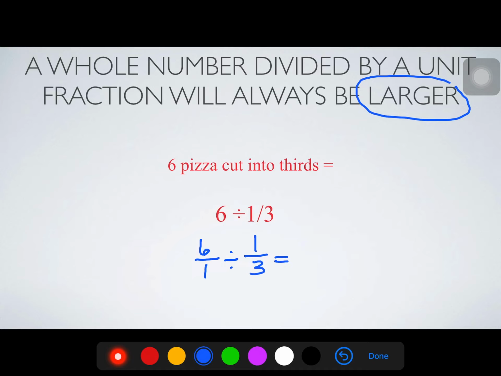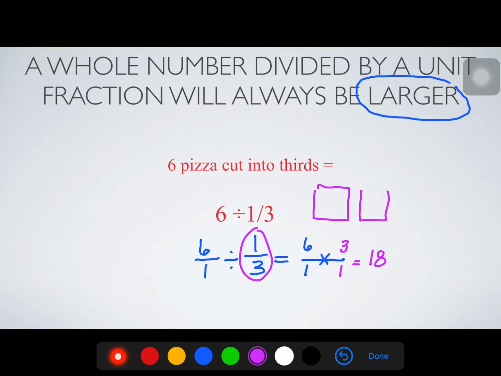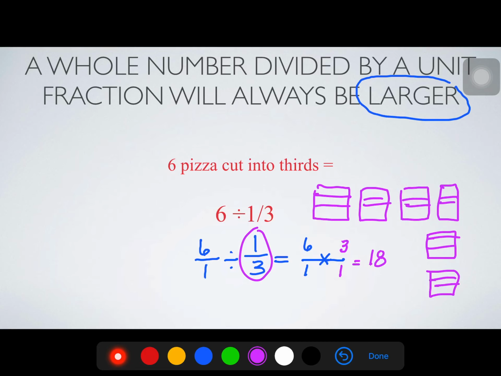The problem is in my denominators, 1 divided by 3, I don't want a fraction or a decimal in a fraction answer. So that's why we're going to take 6 over 1 and multiply it by the reciprocal of 1/3, which is 3 over 1. And I'm going to tell you there are 18 pieces. And that is true. If I took 6 whole ones, 6 blocks, and I divided each one into thirds, I would have 18 pieces here.